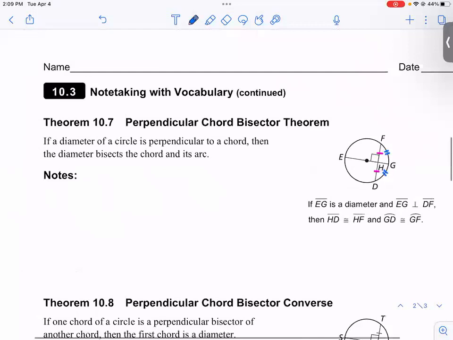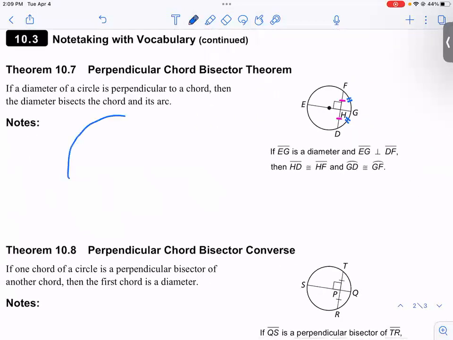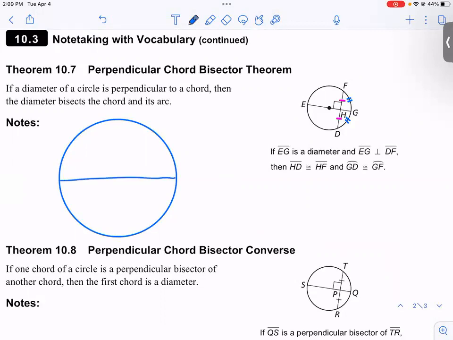Okay, so we're gonna draw a circle that has a diameter.